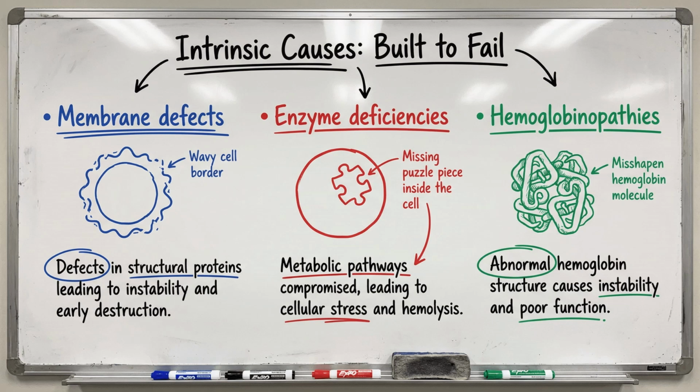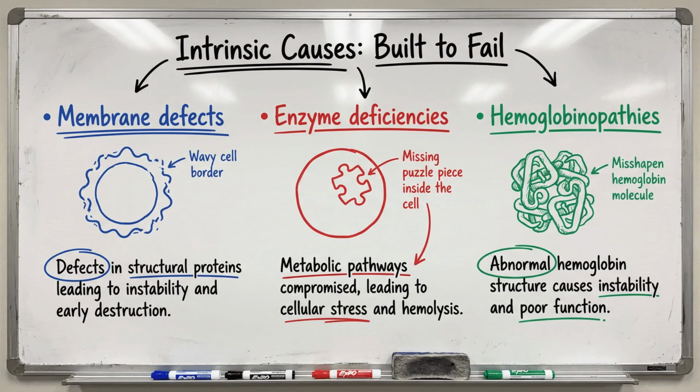So let's start with intrinsic causes. These are almost always hereditary, meaning the red blood cell was literally built to fail due to a genetic defect. We're talking about issues with the cell's fundamental components. We can broadly categorize these into three main areas. Membrane defects, this is where the cell's outer structure is compromised.